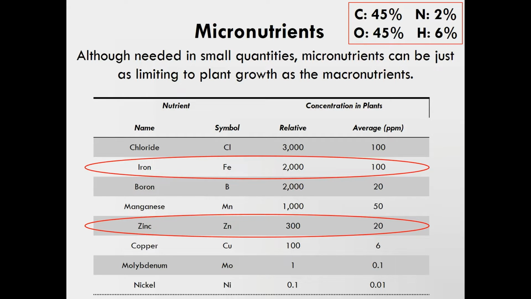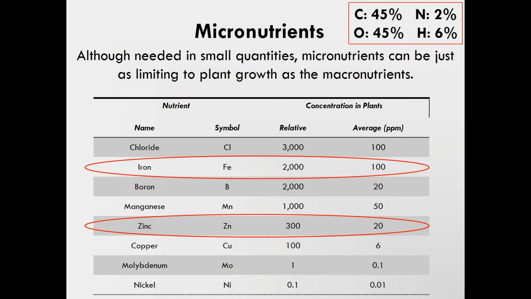Now, I want to put these concentrations within the plants into perspective based on those 4 percentages in the top right-hand corner. 45% carbon, 45% oxygen, 6% hydrogen, and 2% nitrogen on average are found within plants. Those are a percent, not parts per million.